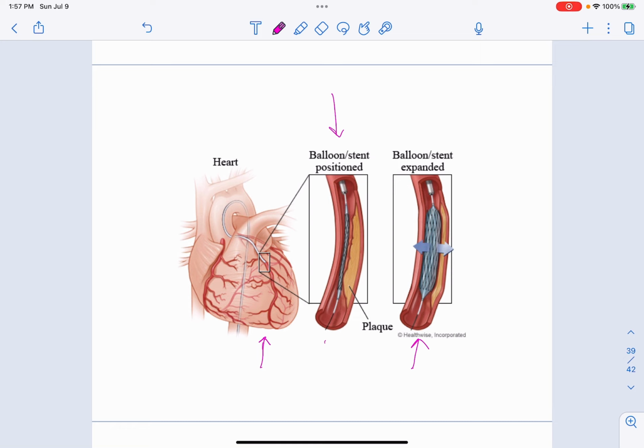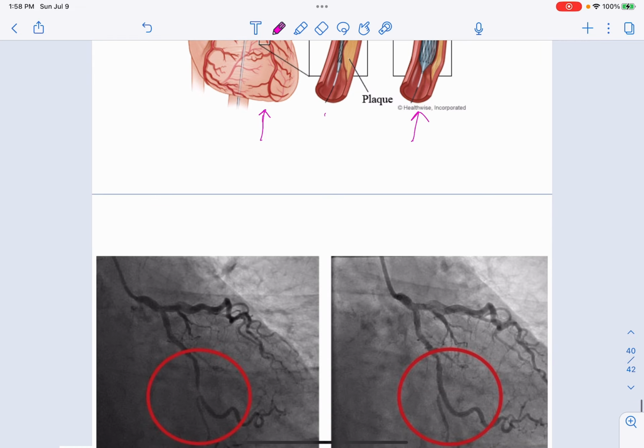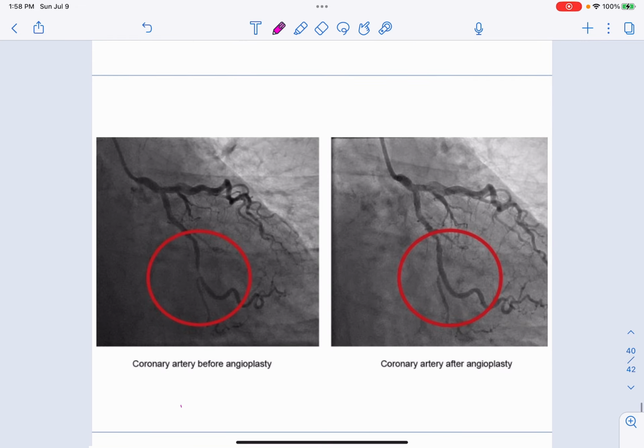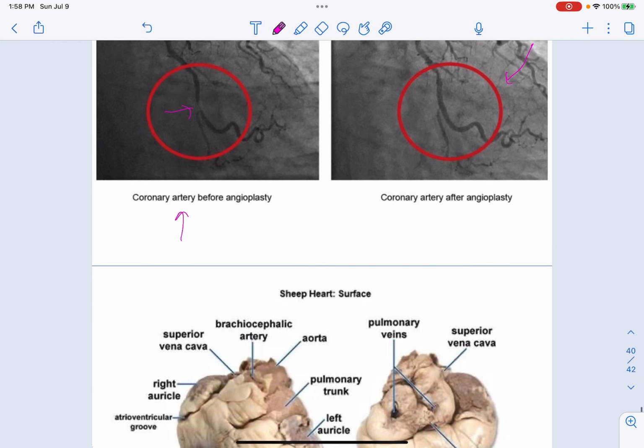And that would then allow blood to flow back to that heart. And this is a really cool image. So it's showing you that coronary artery before they put the stent in. So you can see here there is no blood flow, and then you can get a restoration of blood flow. But this really has to be caught right away, or it can be quite deadly.